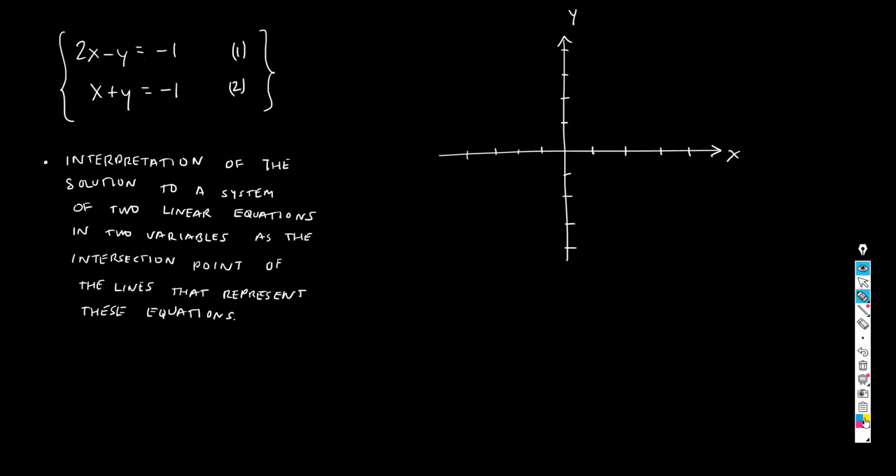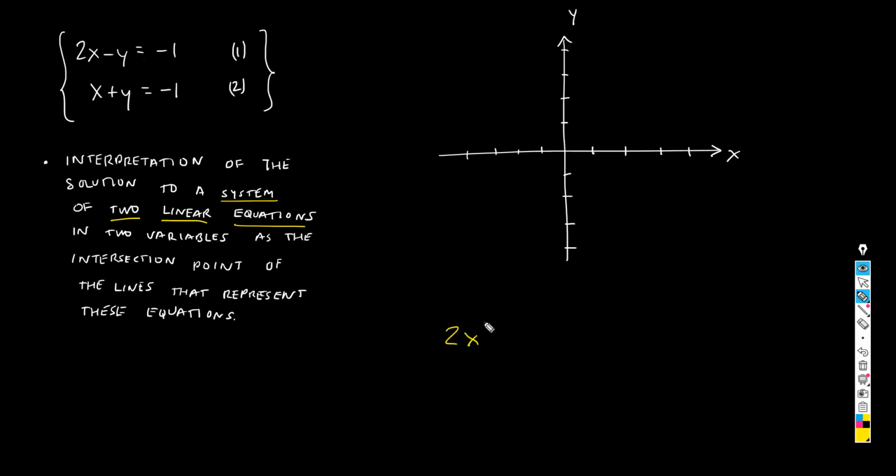So we now understand the reason for adding this word system, the reason for adding two equations, because that's what we have. And remember, we have linear equations. We only talk about linear equations, systems of two linear equations. What does this word mean? What it means is that the exponents of the variables in my equations is 1, at most 1.